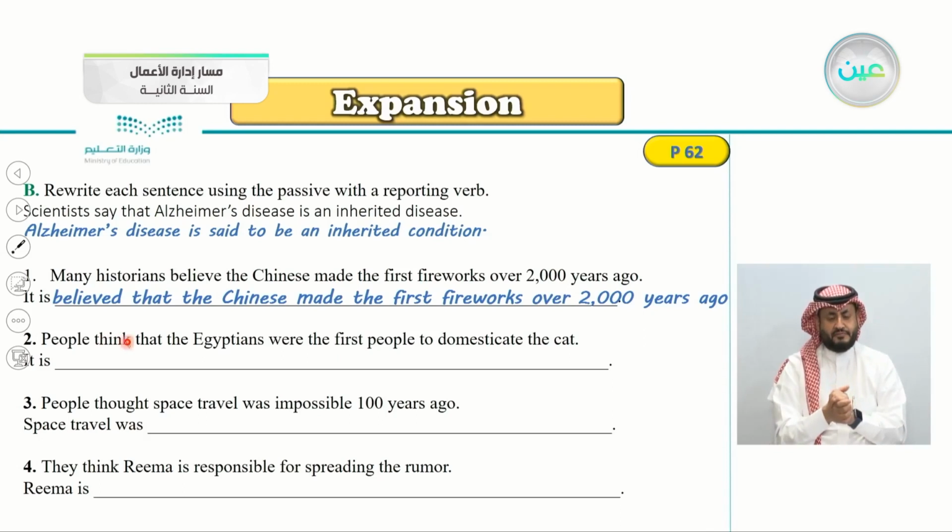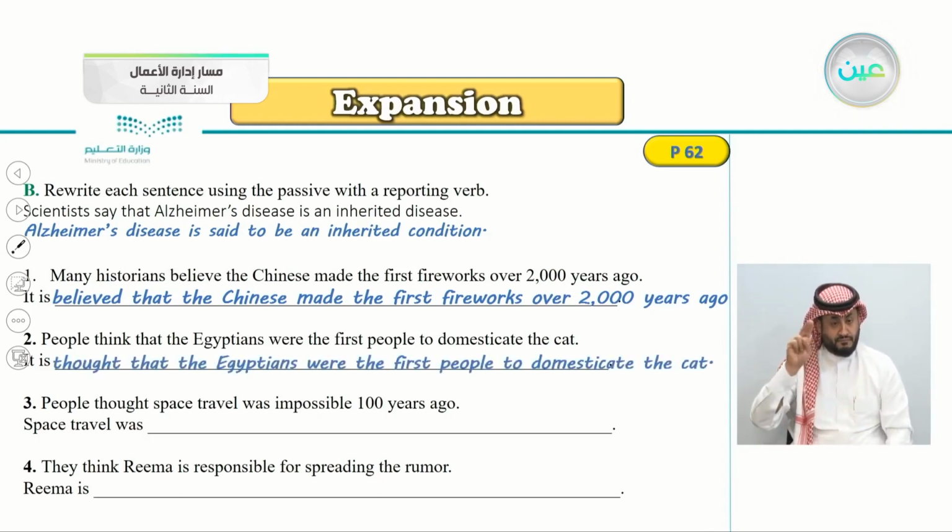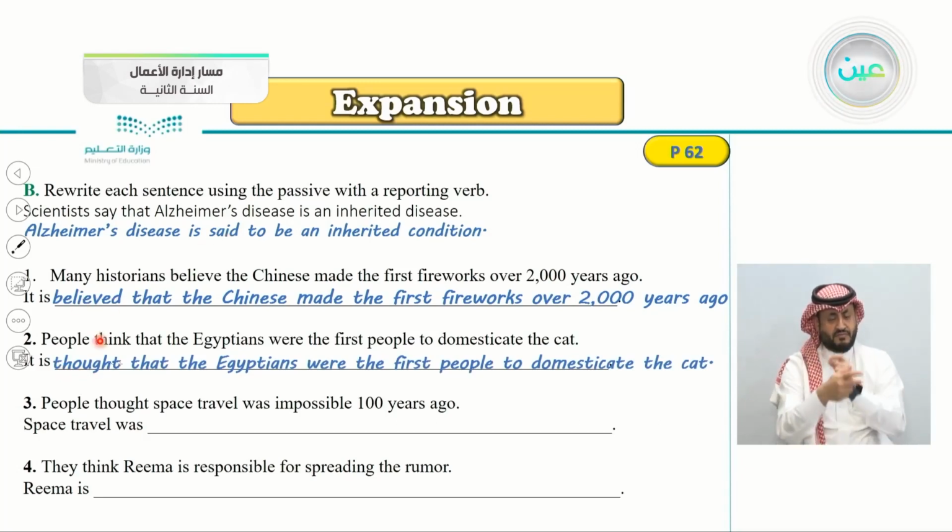Number 2, people think that the Egyptians were the first people to domesticate the cat. So, what do we say here as a reporting verb? It is, yes, it is thought. We don't say believed or said, because here we have think. It is thought that the Egyptians were the first people to domesticate the cat.